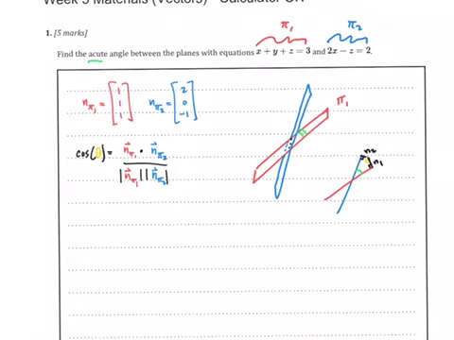Okay, so we've got to find the dot product of the two normals. So the numerator here will end up being 2 times 1, 1 times 0, 1 times negative 1. So I'd take 2 plus 0 plus a negative 1, and I get a positive 1. That is the dot product of those two.